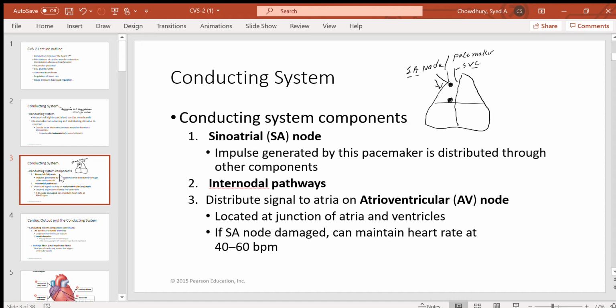And in the lower part of the right atrium, where you must remember the right AV valves, in this area you have the atrioventricular or AV node. So these are the two nodes in the conductive system, tiny round structures.